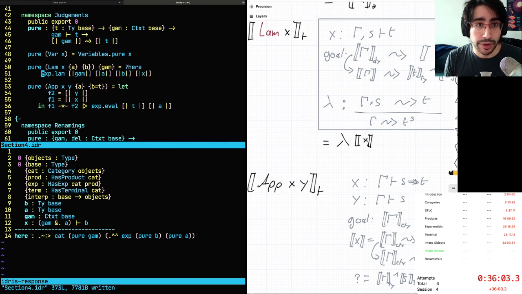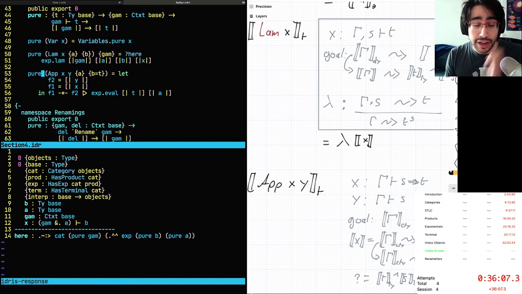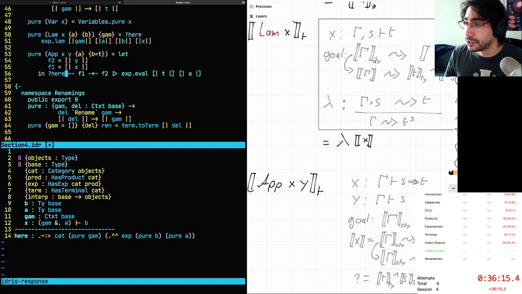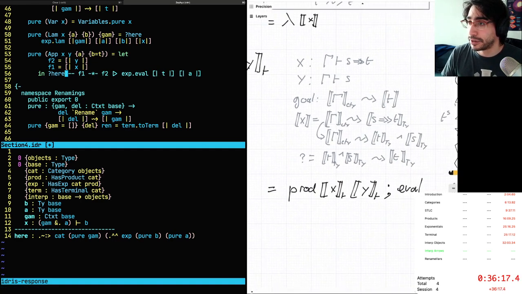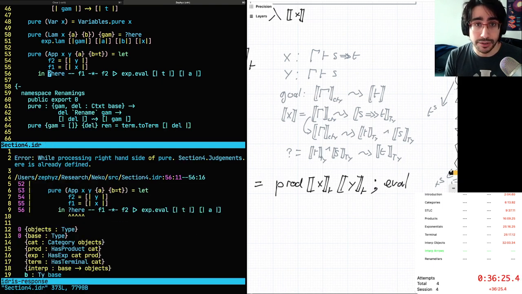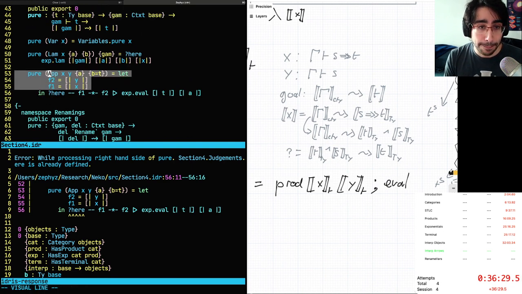So here we are. Now for the application, this is again an area where we ask the compiler, what am I supposed to do here? This is very complicated, but I've written here the context. And I'm going to ask it, and it's going to complain because, of course, now it cannot infer what those are.